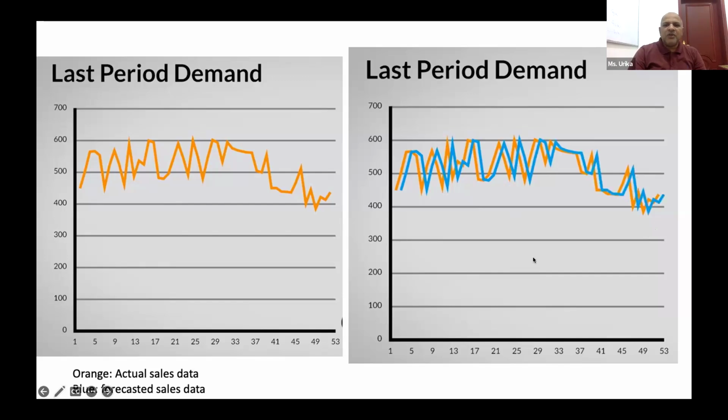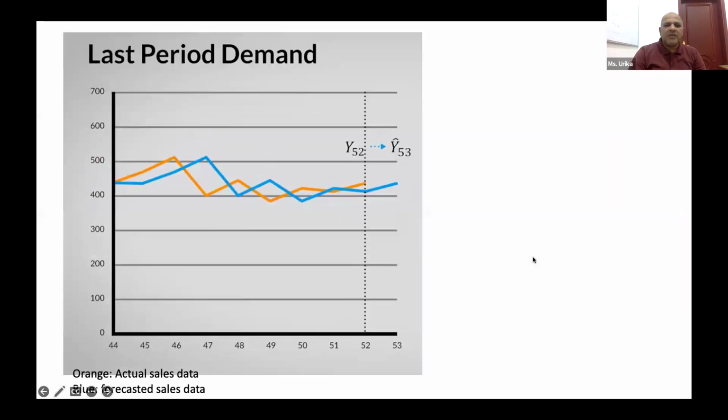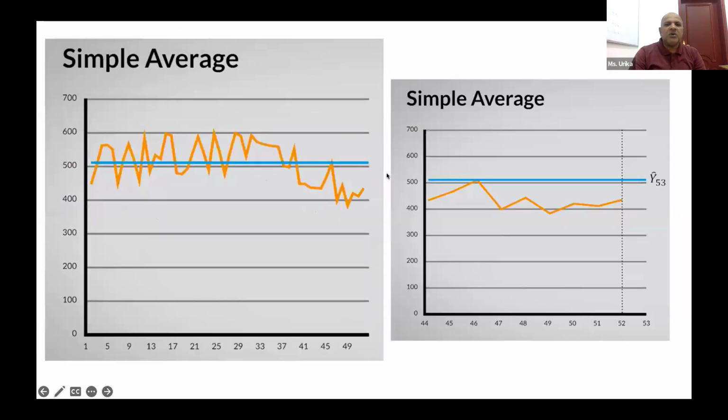So what we are going to do now: in this one, the last year period is going to be 9. You just use it, 9. This is what you call the second type, simple average. You calculate all and divide by the number of weeks.